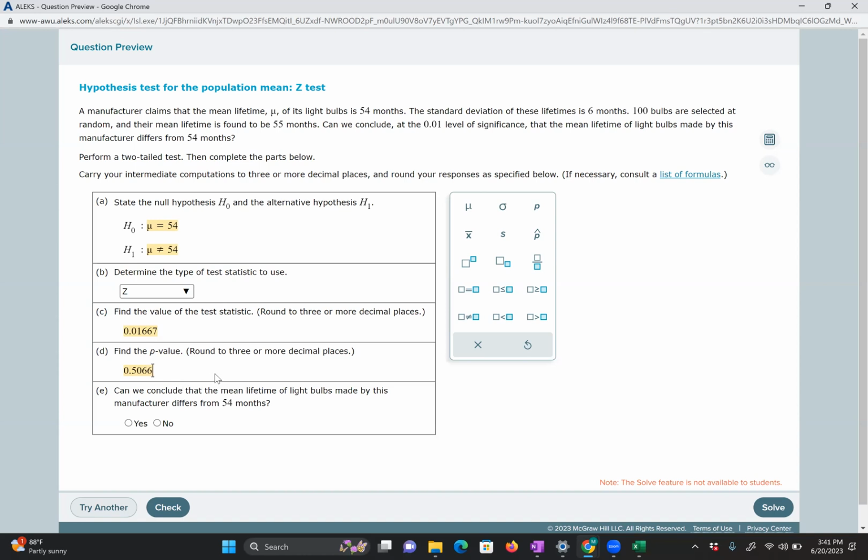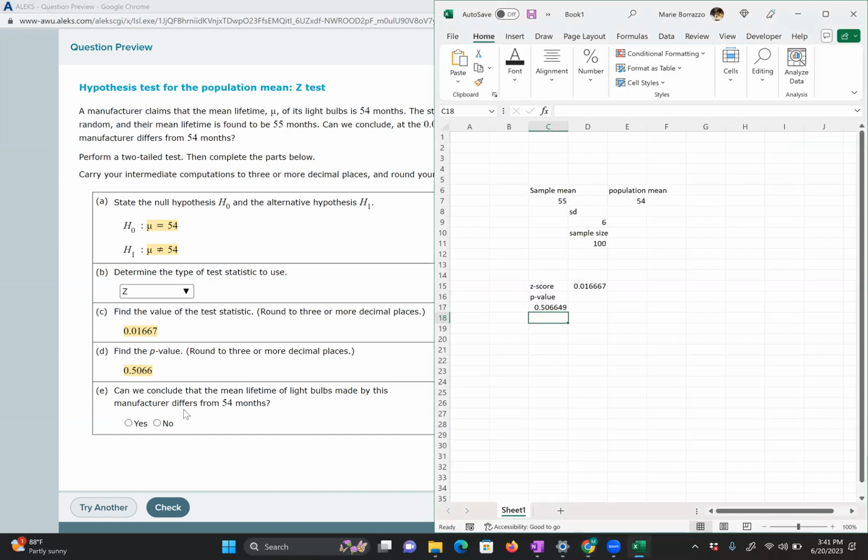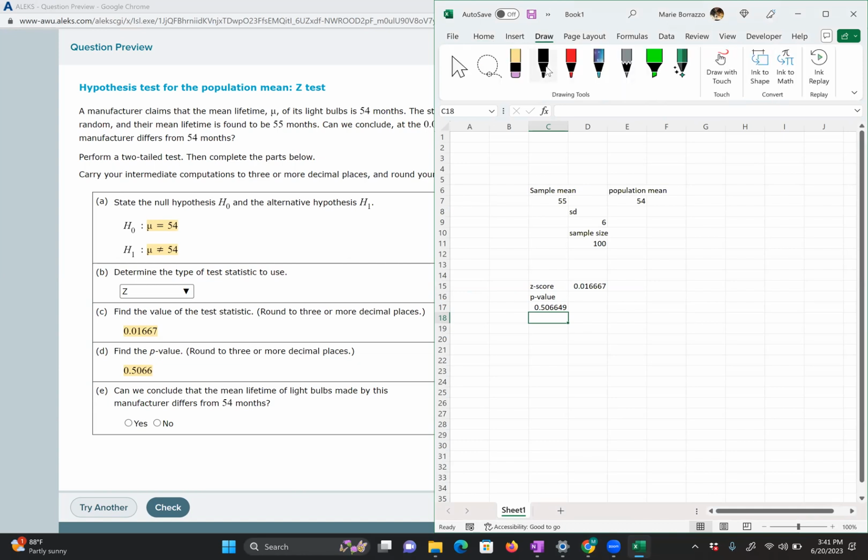If I fail to reject the null, let me write that down for you so you see it as I talk about it. Let me go to draw. So the rule of thumb is P is less than alpha, we're going to reject the null. Alpha for us is 0.01. That's stated in the question.